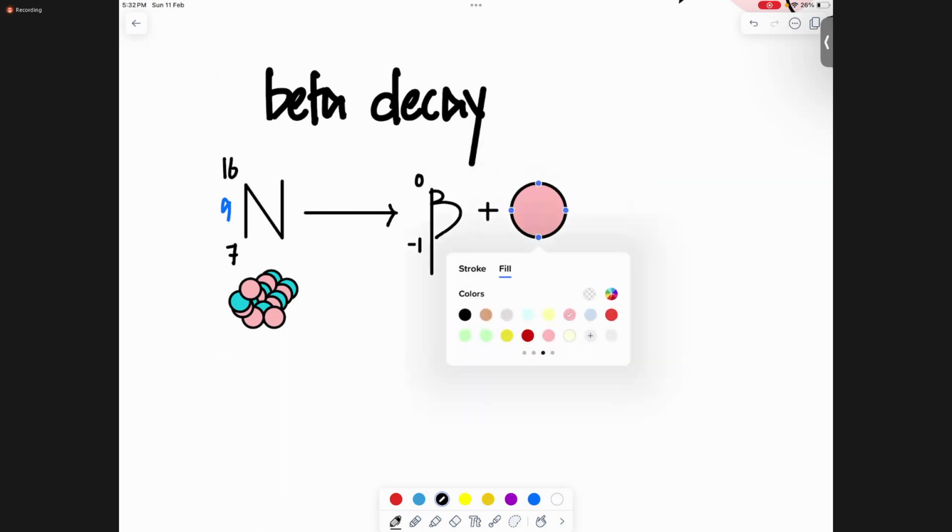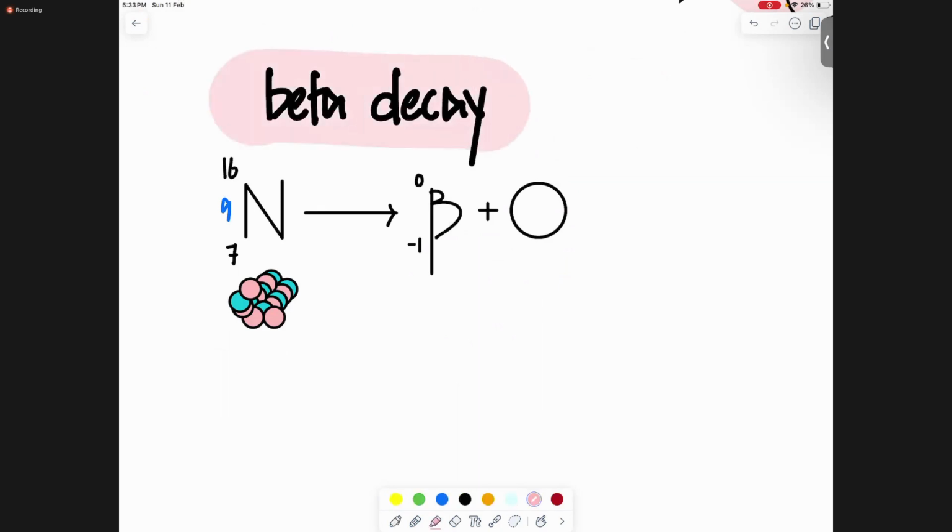Balance the numbers. Right, it's going to be 16 at the top and 8 at the bottom, and that's the stable form of oxygen that's forming here. So this is called beta decay.